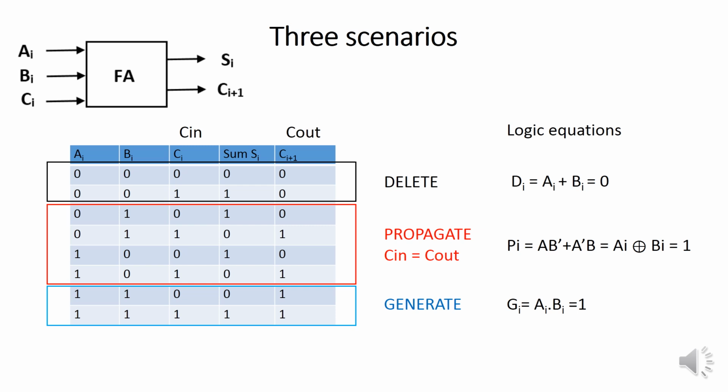From the carry generate scenario, we can say that if A and B are 1, the carry out is 1. And from the carry propagate scenario, we can say that when the carry in is 1 and A is 0 and B is 1, or A is 1 and B is 0, then the carry out is always 1.